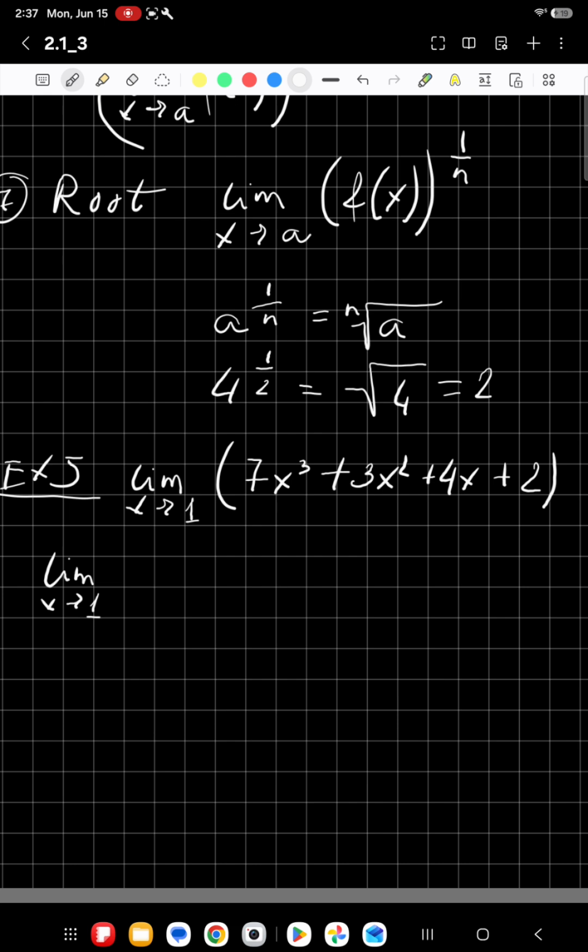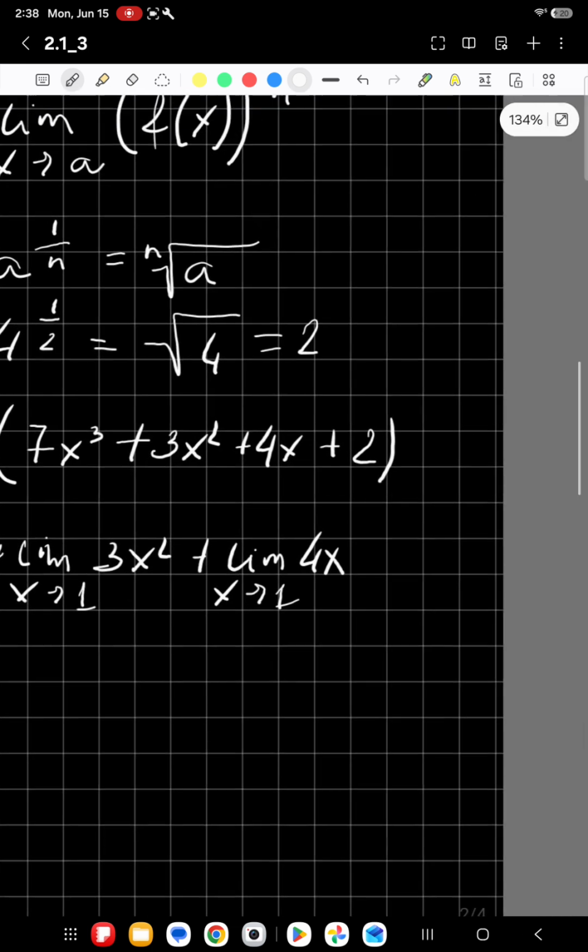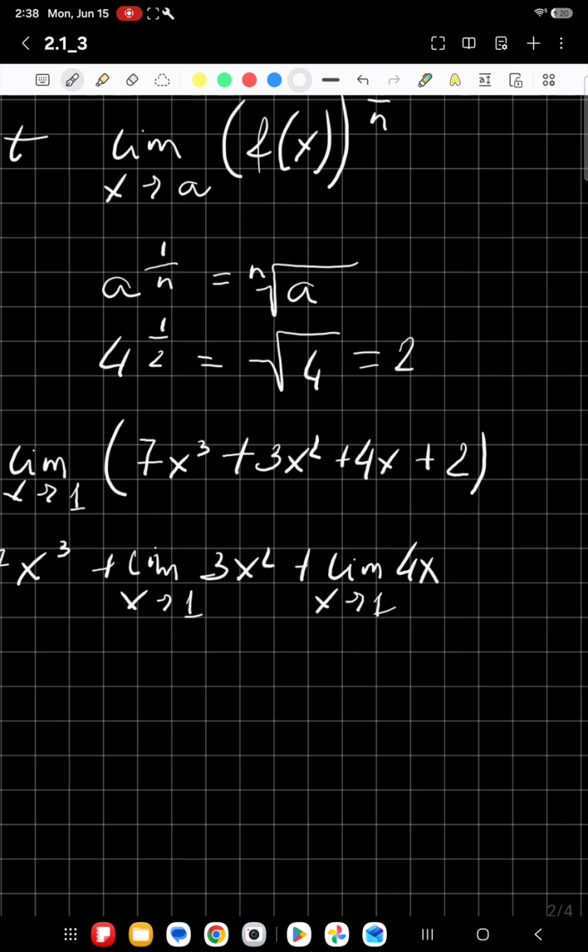So the first one will be the limit of 7x cubed, plus limit x going to 1 of 3x squared, plus limit x approaching 1 of 4x. And the last one is just 2, but let's write it anyway: the limit approaching 1 of 2.